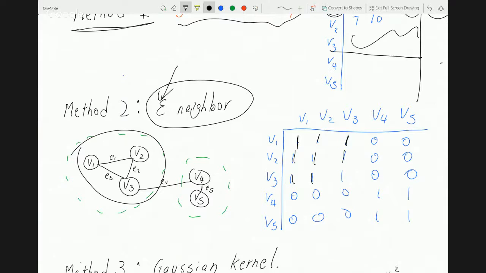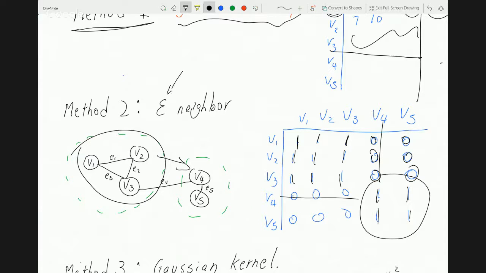So all these equal 1. And then obviously V4, V5 is too far away, so we'll just give all these zeros. But within 4 and 5, they are still close to each other, so we give them 1s. And that's it. This is also a pretty simple approach, except you need to pick this correctly.